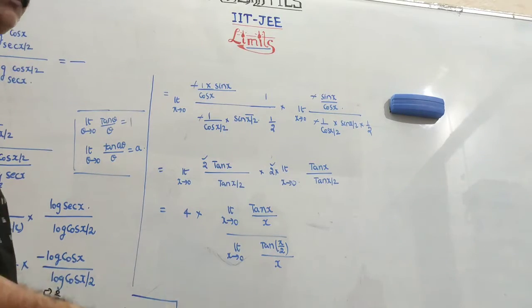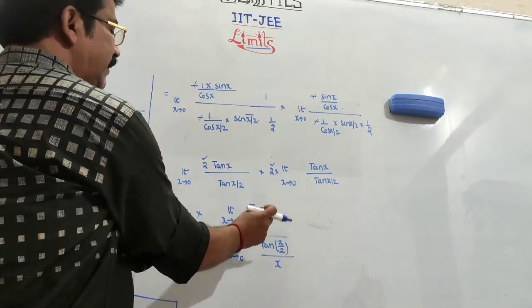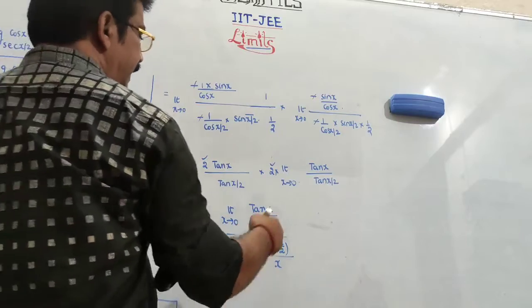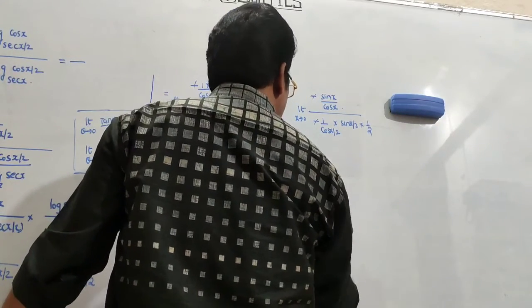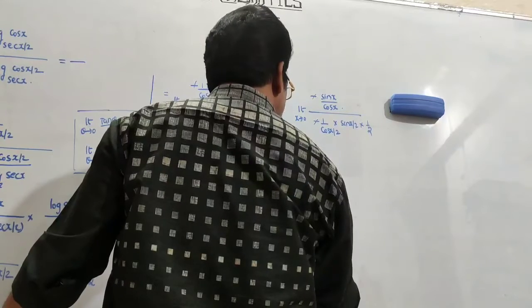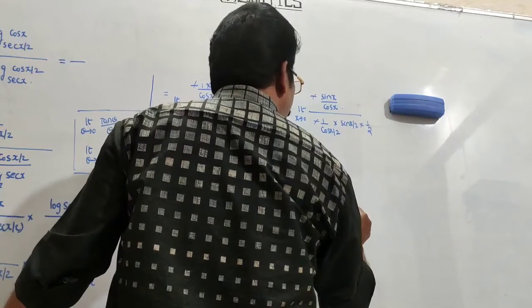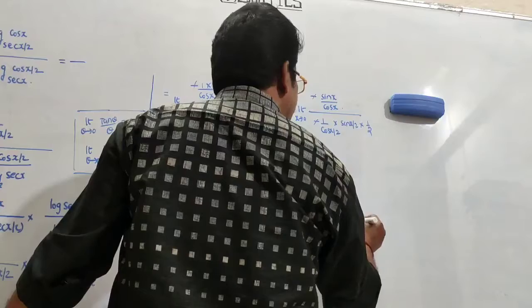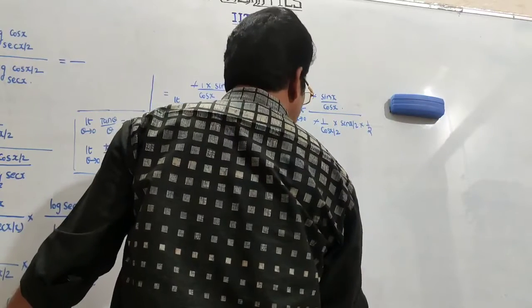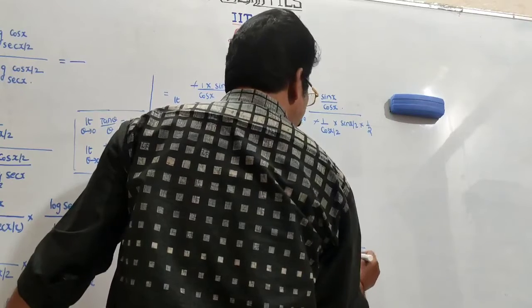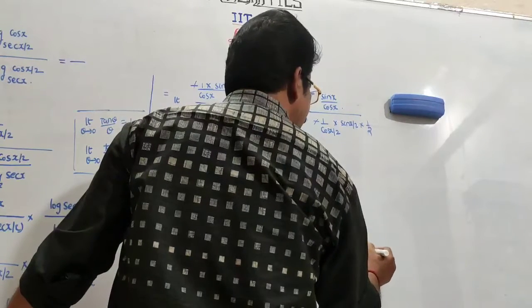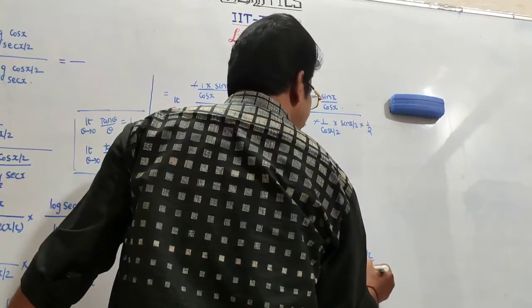Without loss of generality we divided by x in the numerator and denominator. Similarly here also limit x tends to 0 of tan x divided by x, whole divided by limit x tends to 0 of tan x by 2 divided by x.